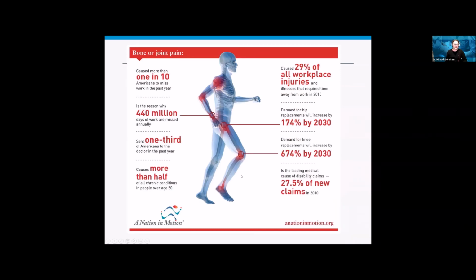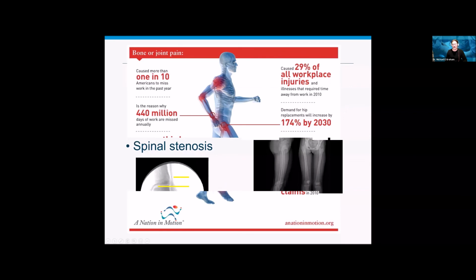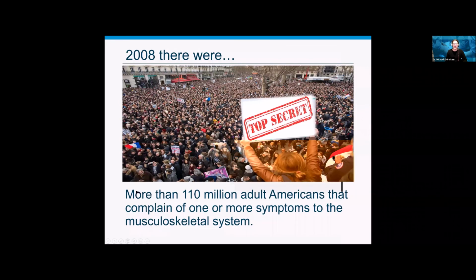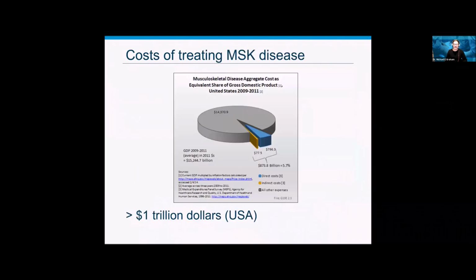So musculoskeletal disease is a major economic impact on the healthcare of every government, and it's only getting worse. In 2008, there were over 110 million adults that were suffering with musculoskeletal diseases. And for the rest of the world, it's top secret why they have those issues. For us, we know why they have those issues: it's because of the misaligned talus.